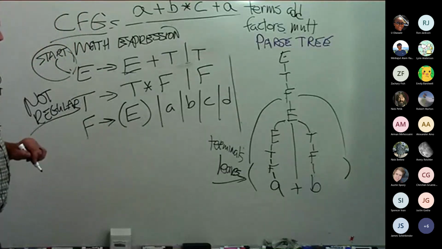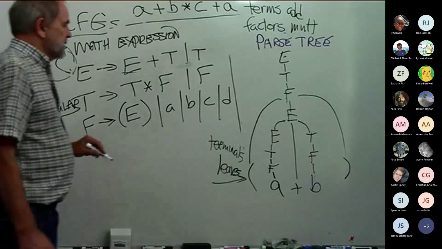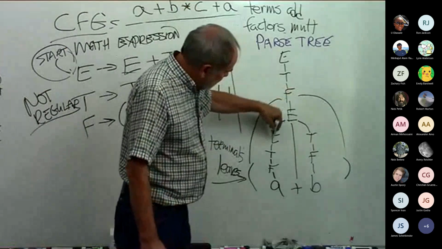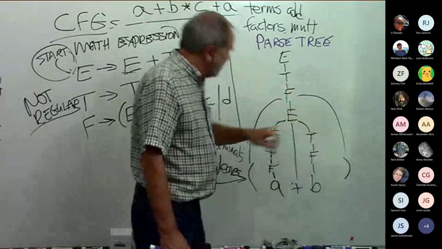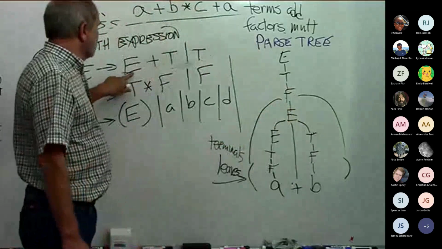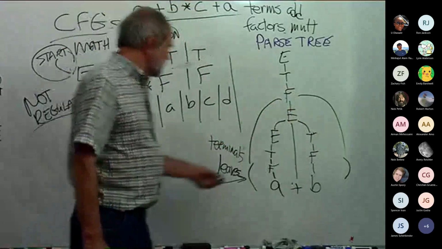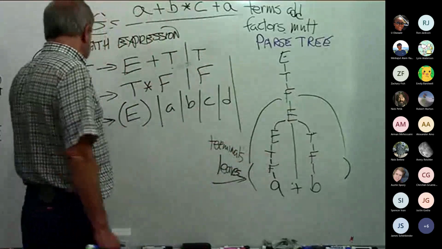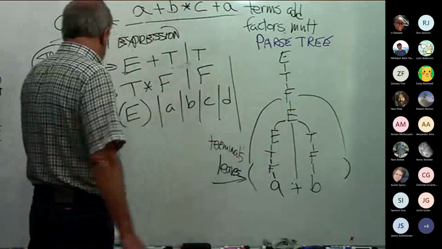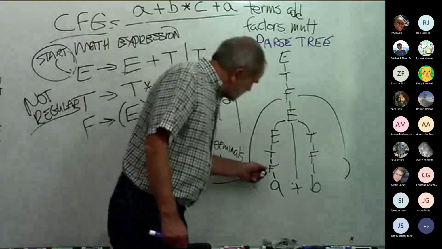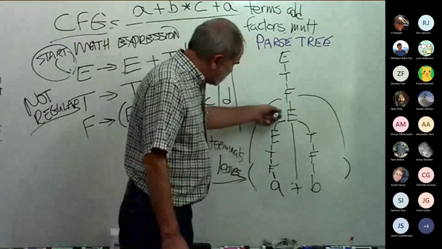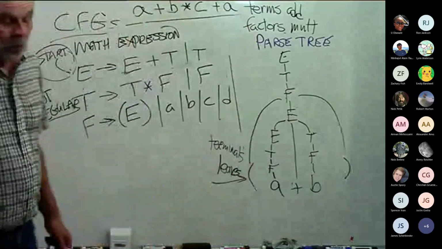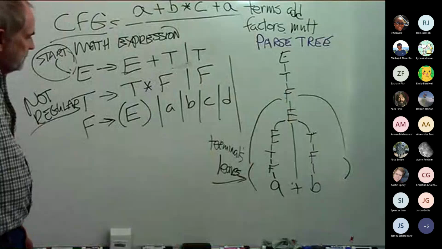What else can we point out? So you can read off, there must be a rule here. E goes to E plus T. Sure enough, that's right here. There must be a rule that says E goes to T. Yep. T goes to F. Yep. And F goes to A. So the connections here show a path of rule selections.